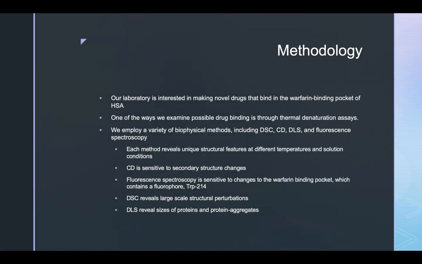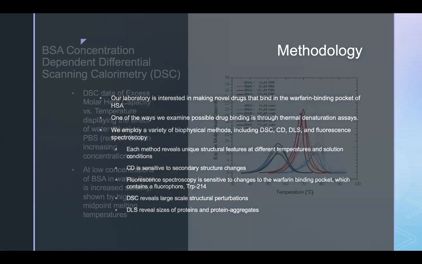CD is important for looking at secondary structure changes. Fluorescence is good for looking at the warfarin binding pocket specifically, because it contains the fluorophore tryptophan 214. Differential scanning calorimetry is good for looking at large-scale structural changes, while dynamic light scattering looks at the formation of different aggregates.